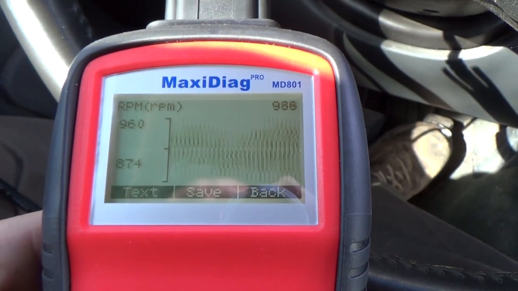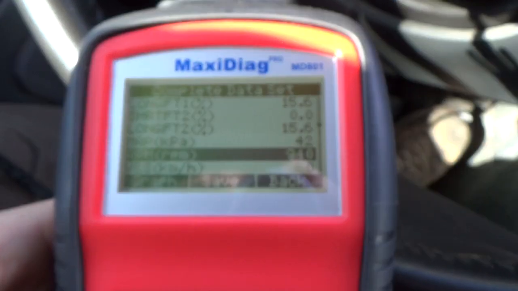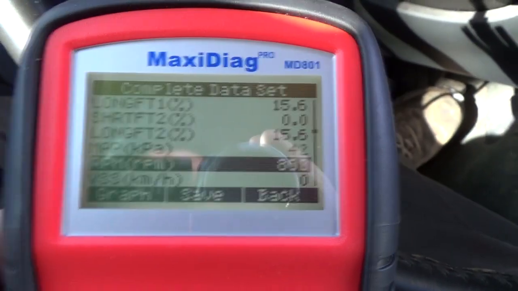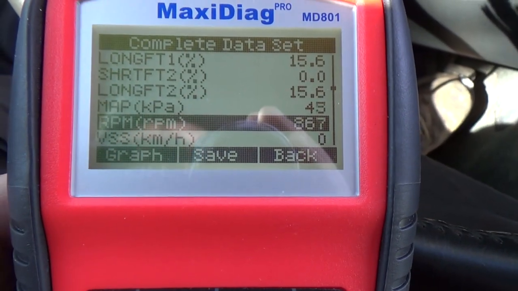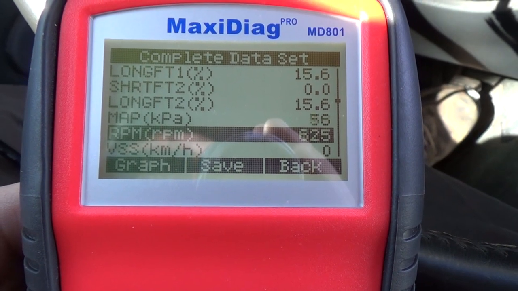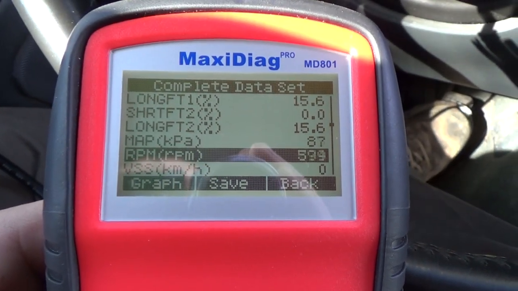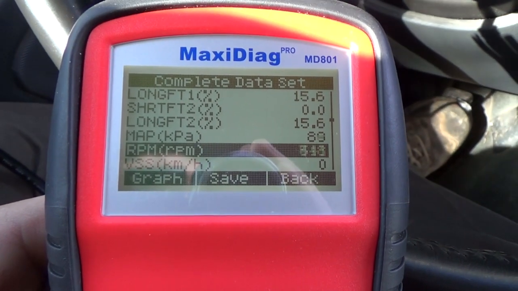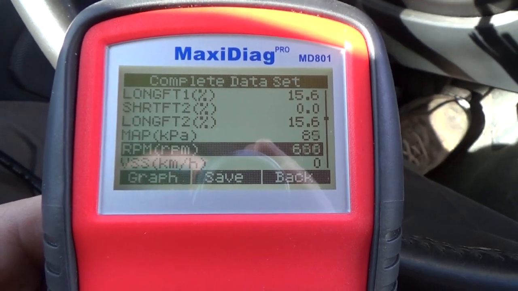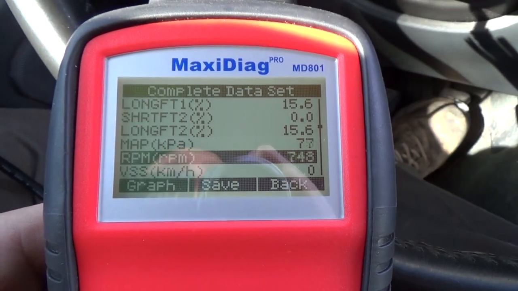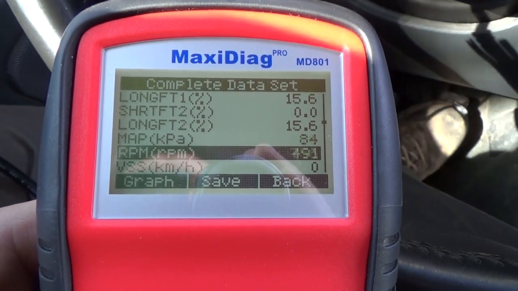Quite a bit of erratic there all of a sudden, eh? Oh, there she goes. That almost seems like a misfire to me. It's like one cylinder's not firing right.